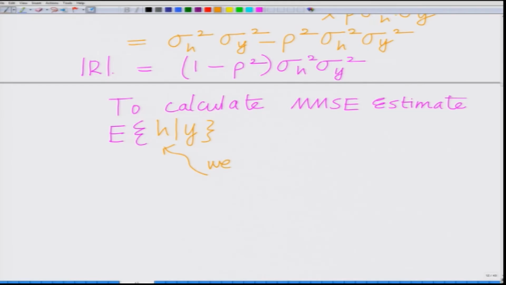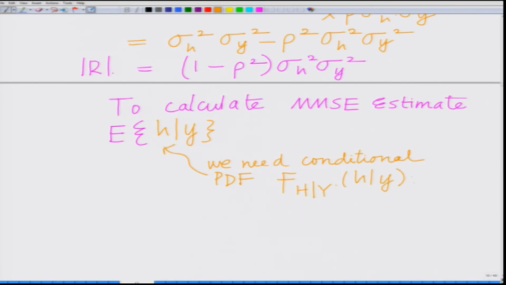We need the conditional PDF f of h given y.